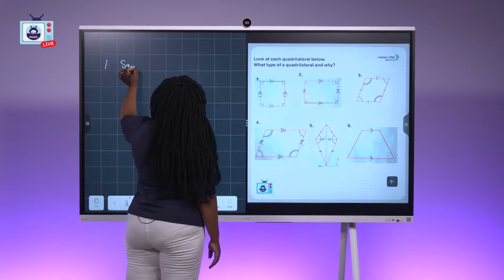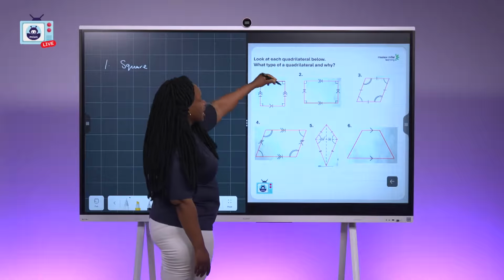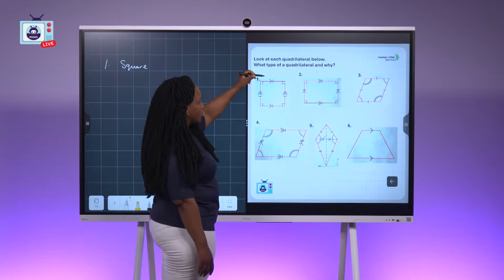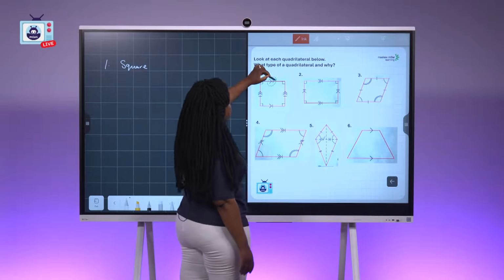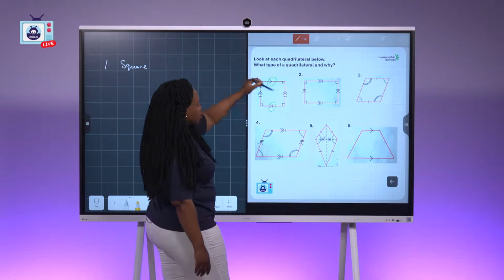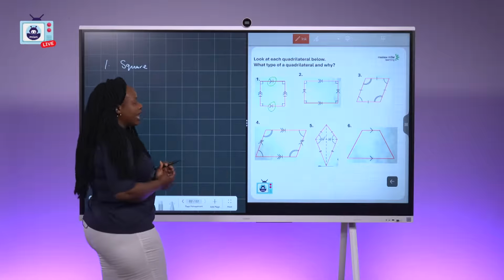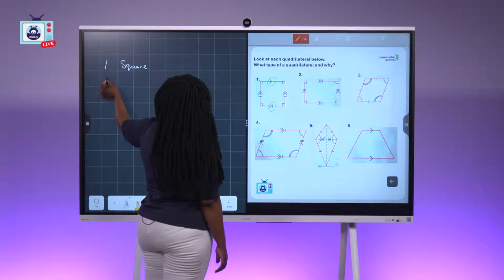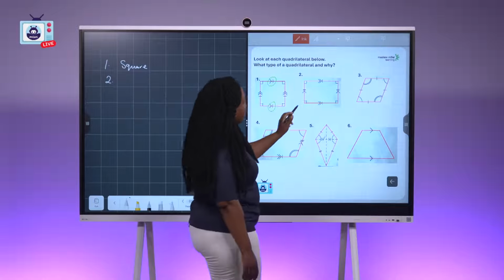And remember we said, why are we saying it's a square? It's because all the angles will be equal to 90 degrees and the opposite sides will be equal and parallel. So you can see those are our descriptions. Each and every pair of opposite sides will be equal and parallel. So that makes it a square, right? The second one, we have 90 degrees.